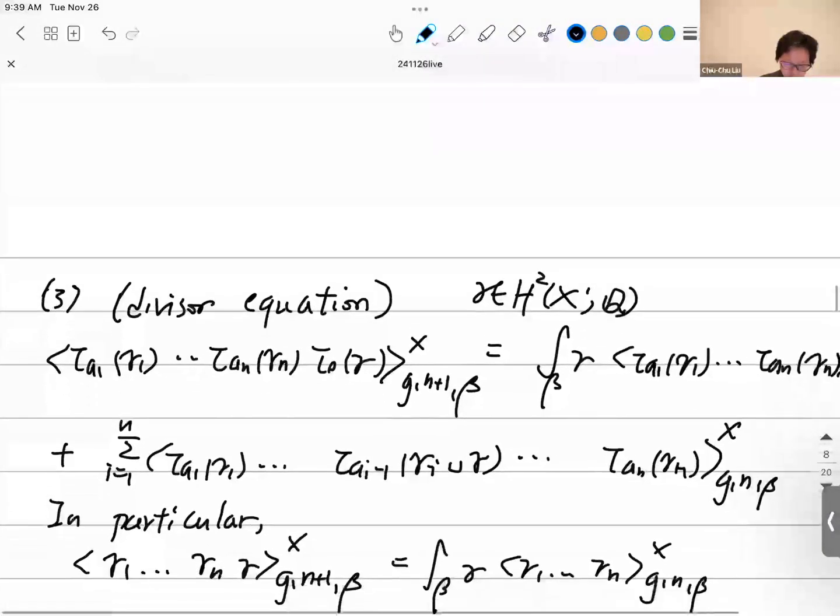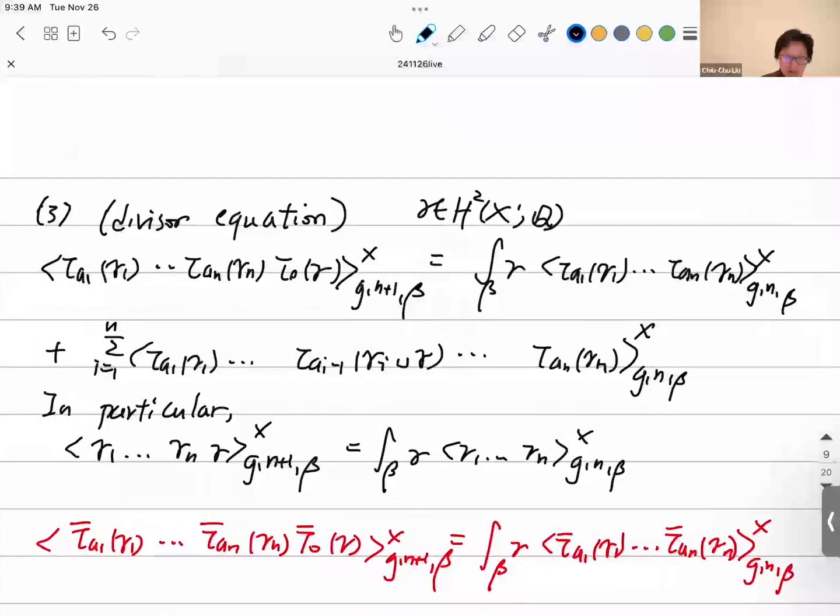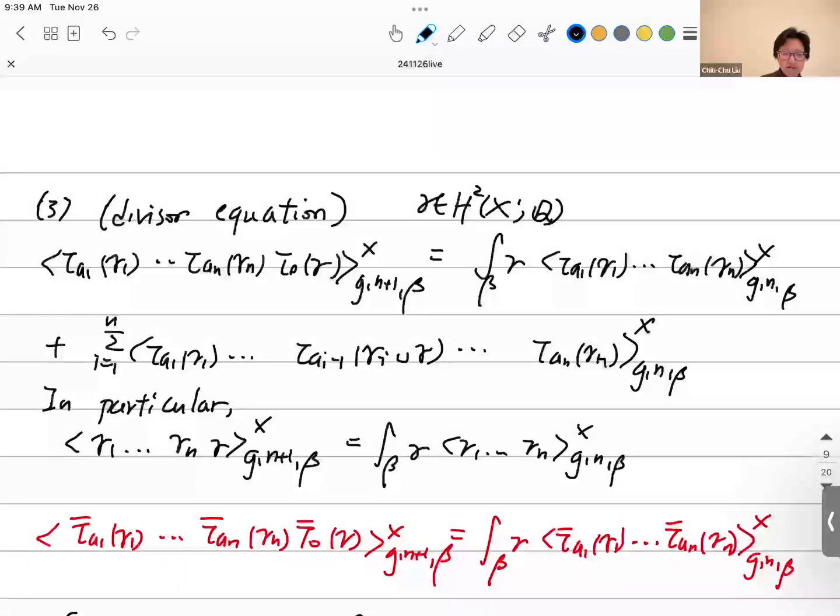The third is the divisor equation. Suppose that the last insertion is a degree 2 class. In particular, the Poincare dual of a divisor class is a degree 2 cohomology class.